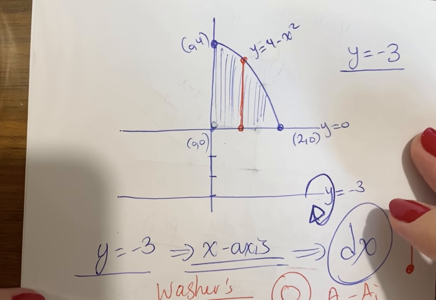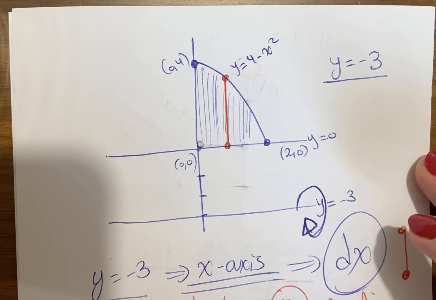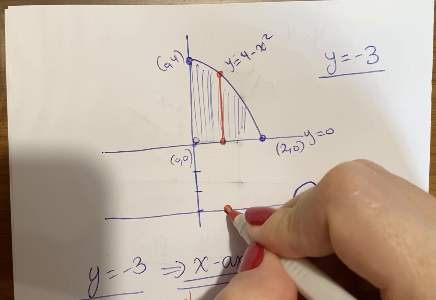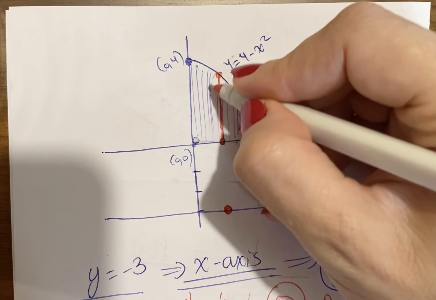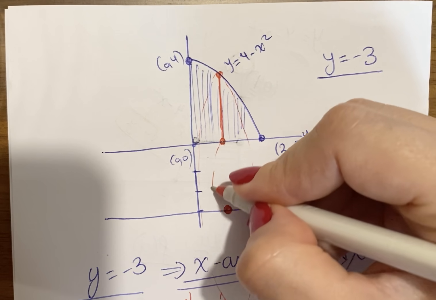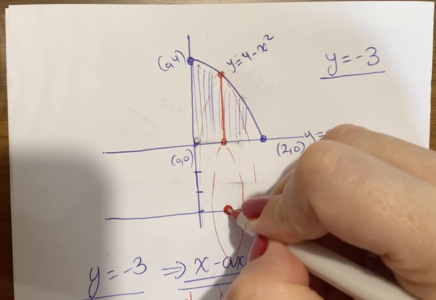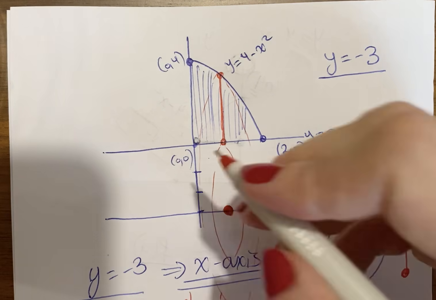So how do I get the inner radius and the outer radius? You have to follow my directions or you will be lost. You always start from the line of revolution to get the radii, because you are revolving around this line. Never measure the radius except from the line of revolution.